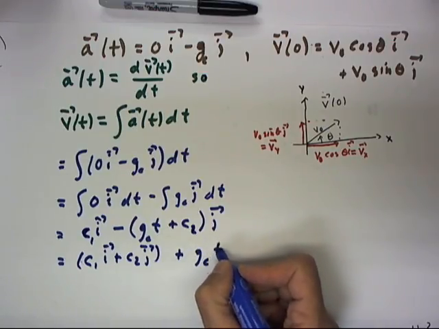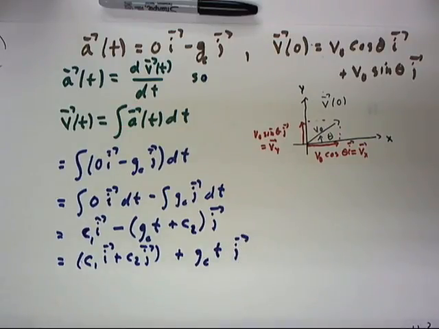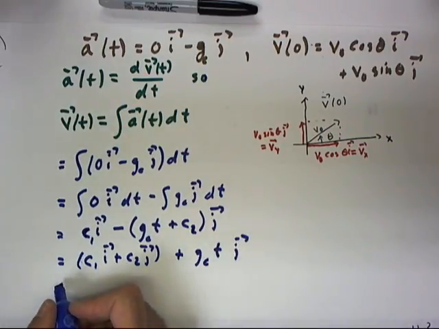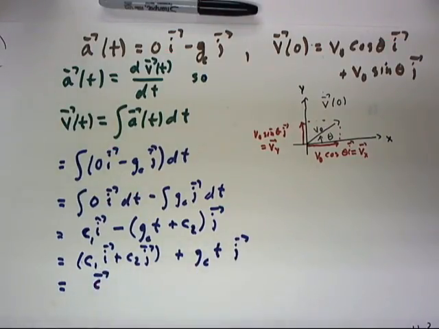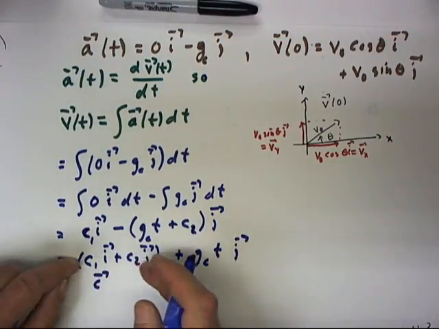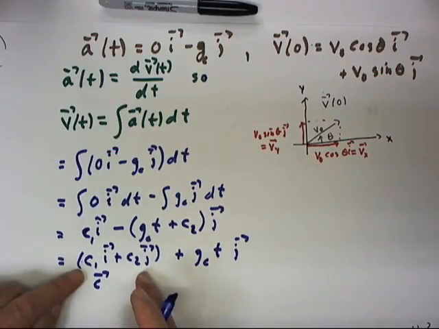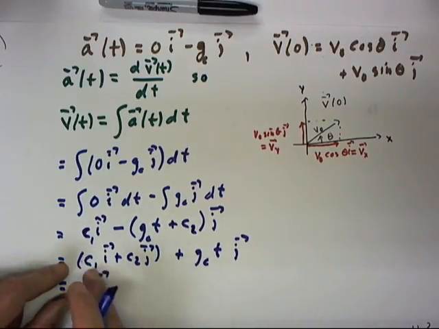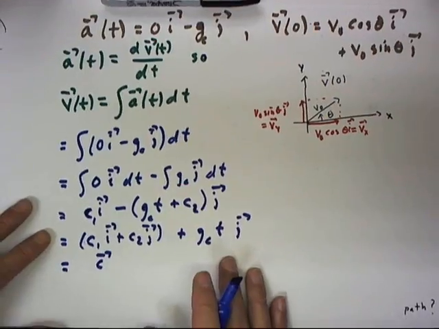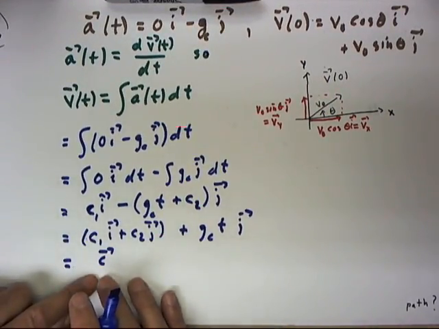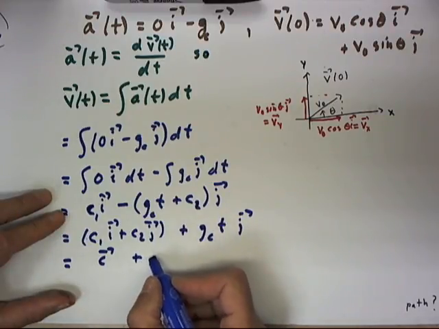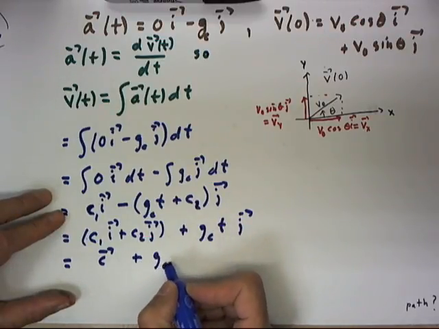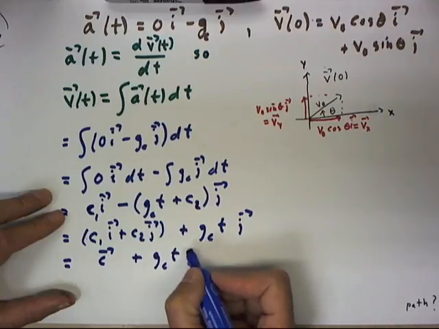And we then have g c t multiplied by j. And I'm going to call this vector here c, just a constant vector. c1 i plus c2 j is just a vector with arbitrary components that happen to be constant, so that this can just be represented by a c vector plus g sub c t j.